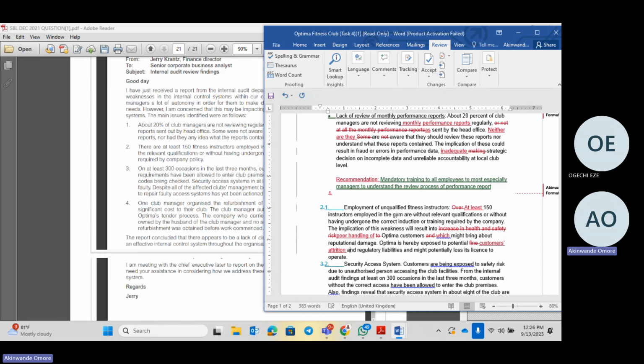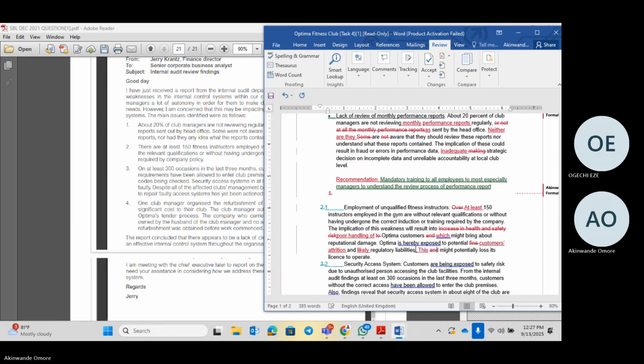And likely regulatory liability. So put full stop here. Don't be writing complex statements.